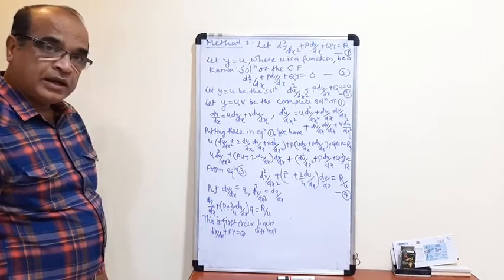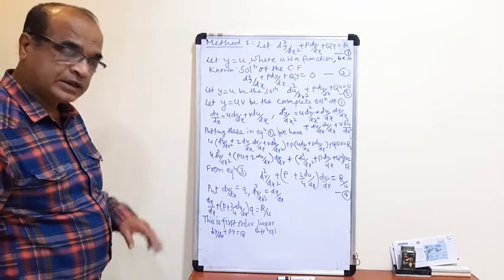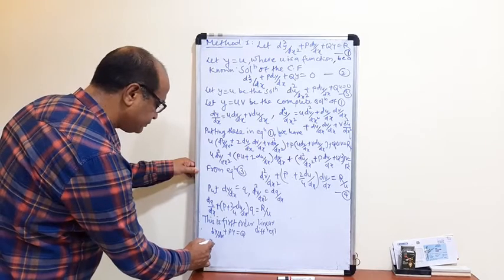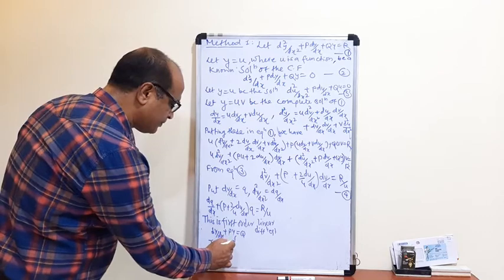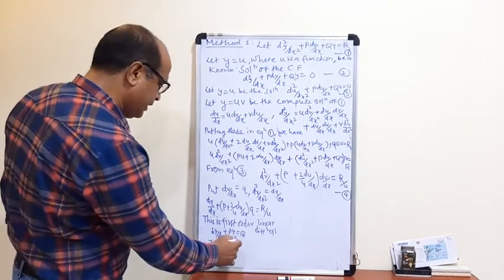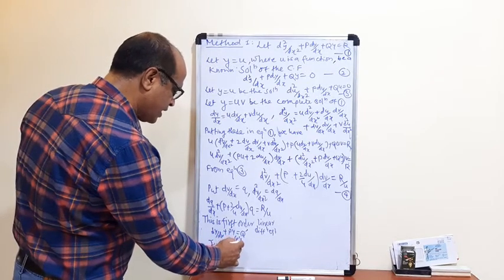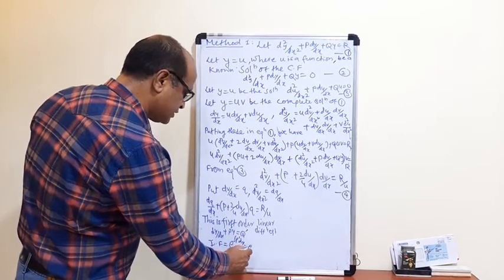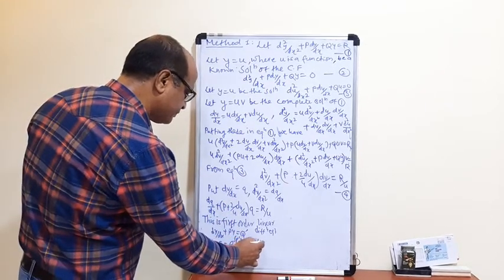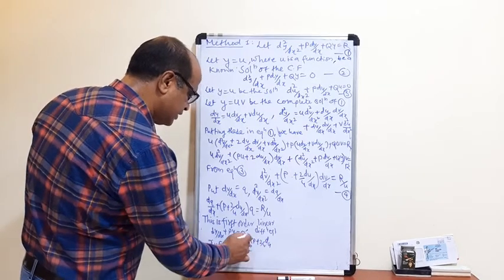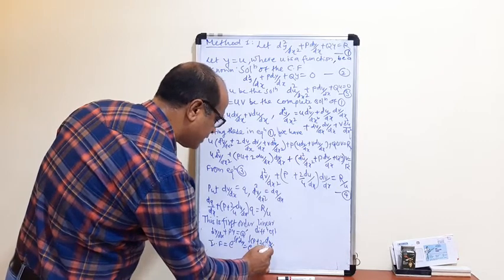To find the solution of the first order linear differential equation, before that we have to find the integrating factor. Integrating factor is e raised to integration of p dash dx. What is p dash? It is p plus 2 upon u du by dx. So integration of du by dx into dx.